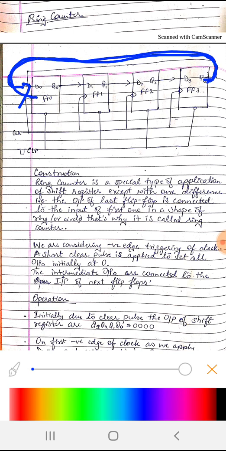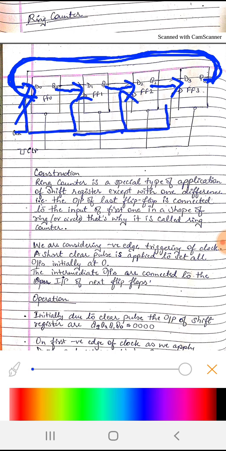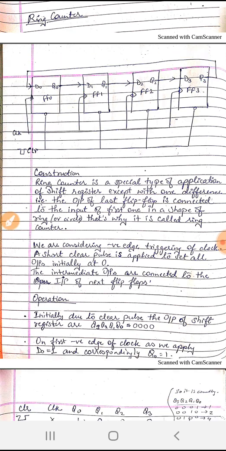The output of first is fed to the input of second, output of second is fed to the input of third, output of third is fed to the input of fourth, and output of the fourth one is feeding once again to the input of first flip-flop. We have applied the same clock, that is the synchronous one, to all the flip-flops simultaneously. So this is the construction of how we can build a ring counter.